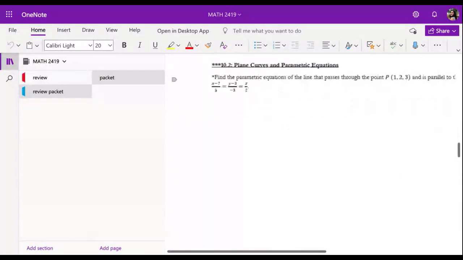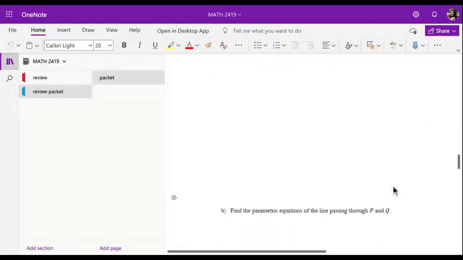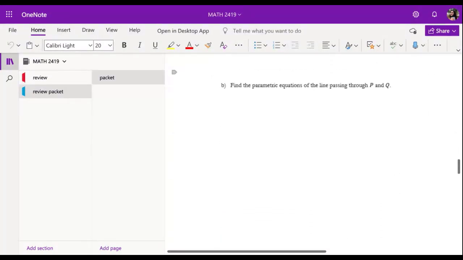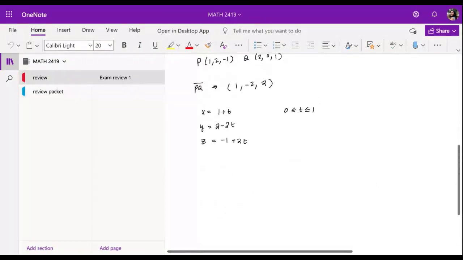We're on section 10. The next section is the same question actually, but it says to find the parametric equations of the line passing through P and Q. And so for that, we would switch our t's range, and it would actually be from negative infinity to infinity, because we're looking at the entire line as a whole now.